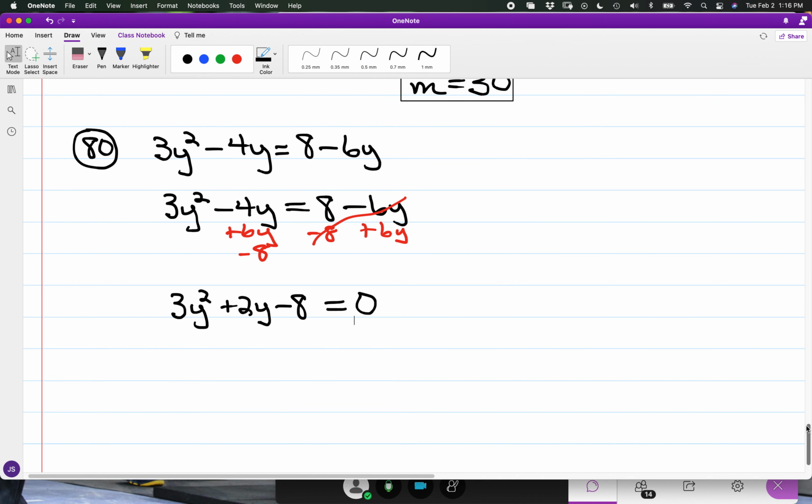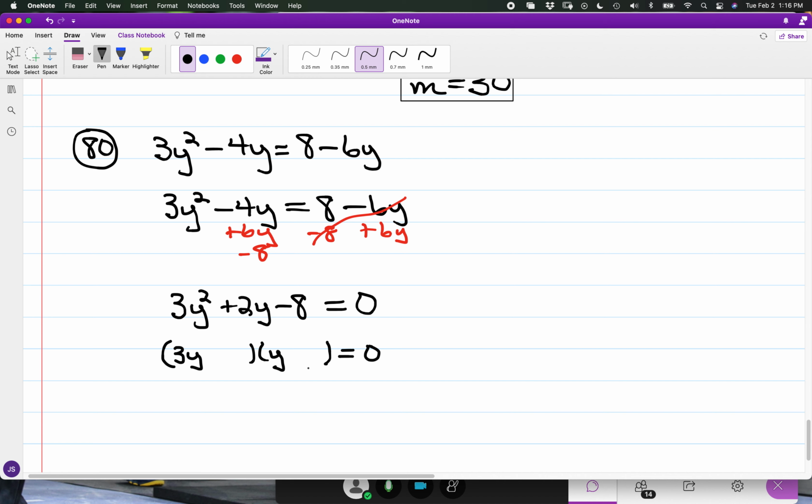And this one now, I could do factoring by grouping, but since the coefficients are low enough, 3 is already a prime number, so if this is factorable, 3y squared goes to 3y and y. And I need the combination of the factors of negative 8, where the outside and inside products will be on the plus side at 2y.